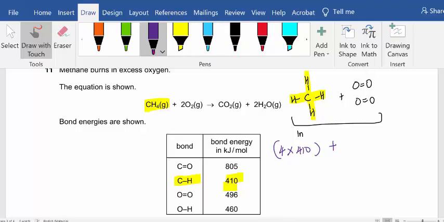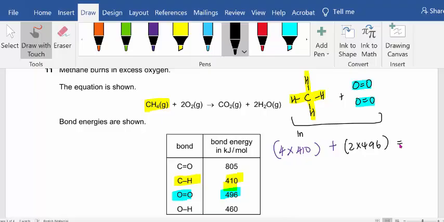And then oxygen, one bond, 2 bonds. This O=O is 496. So plus 2 times 496. This is your total energy in. Can you understand? So how much does 4 times 410 plus 2 times 496 give you? 2632.